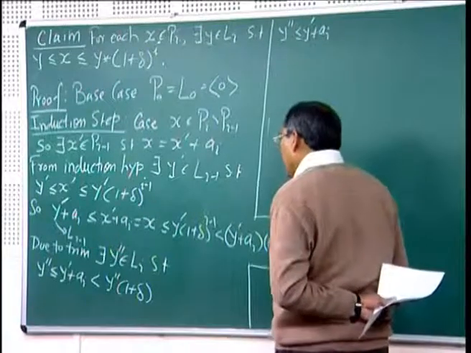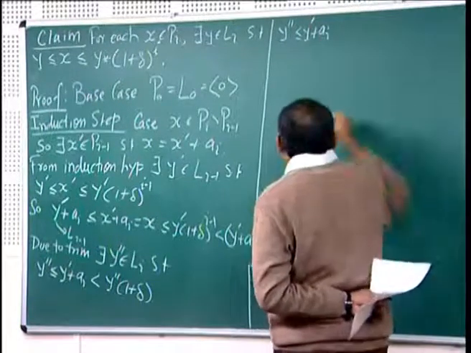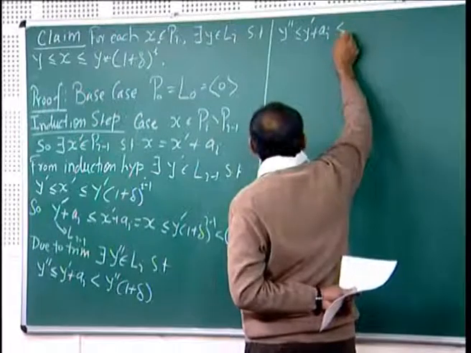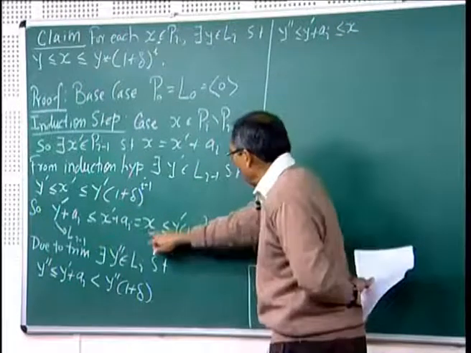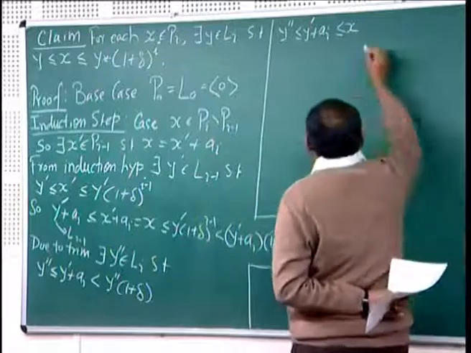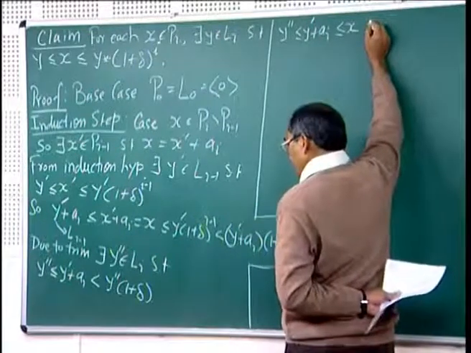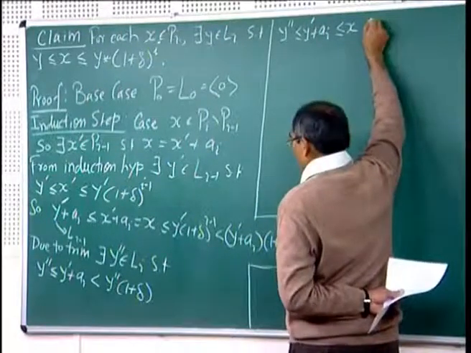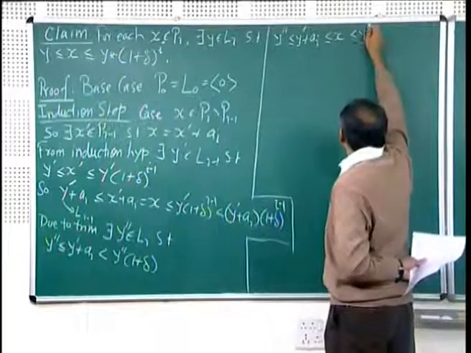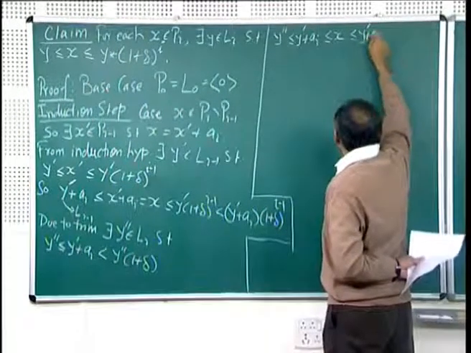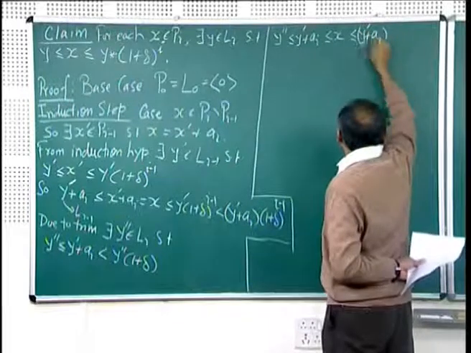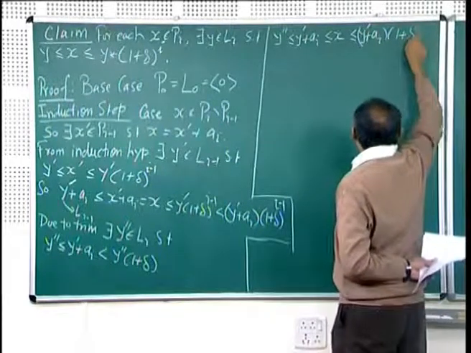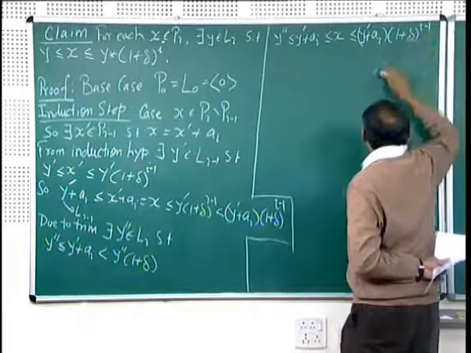Okay. That in turn is less than or equal to x from this inequality, which is less than or equal to y prime plus ai into (1 plus delta) power i minus 1.